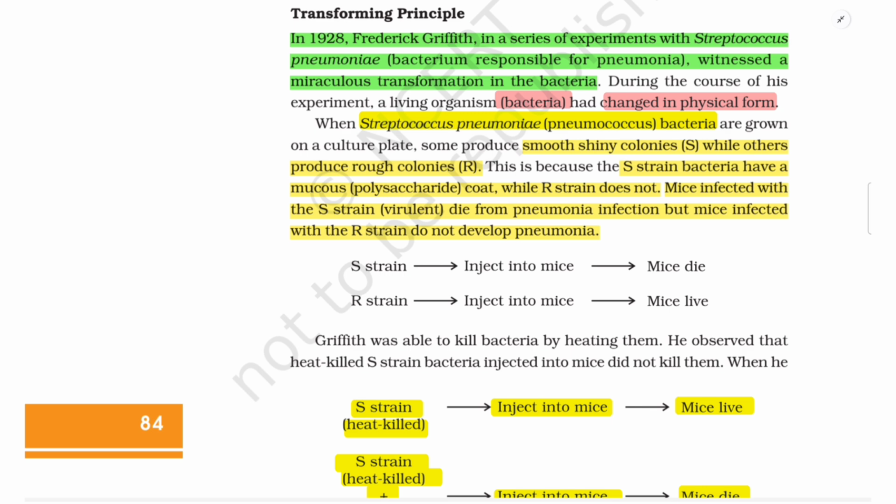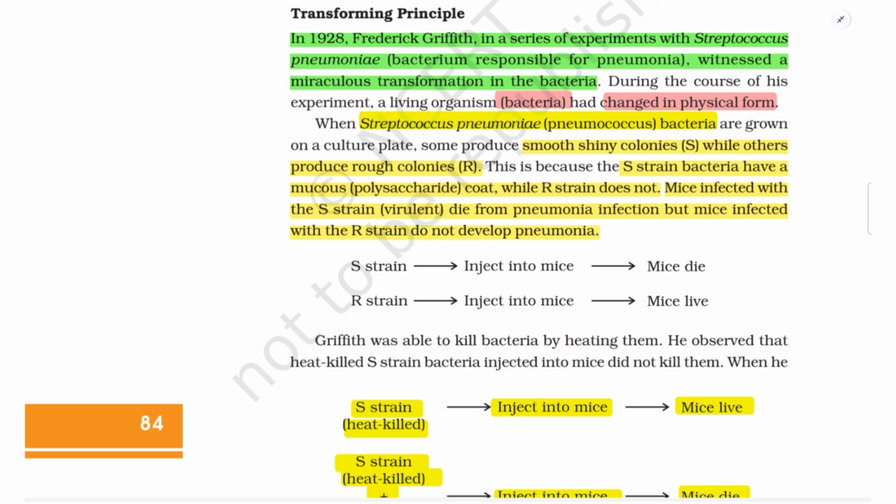When Streptococcus pneumoniae, pneumococcus bacteria, are grown on a culture plate, some produce smooth, shiny colonies, capital S, while others produce rough colonies, capital R. This is because the S strain bacteria have a mucus, also known as a polysaccharide coat, while the R strain does not.